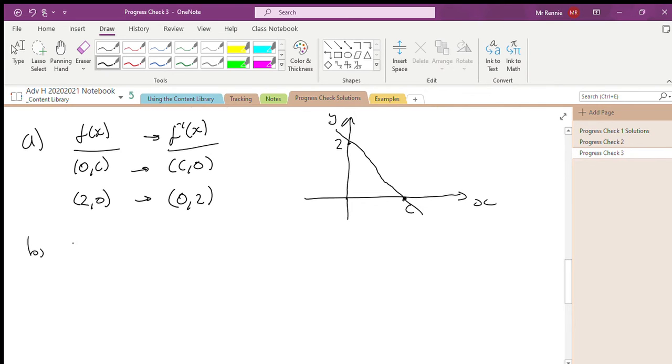So I now think back to my f of x function. My f of x function means that I want to shift it so that it becomes an odd function. Just to remind myself, f of x looked like that there. c was up there and 2 was there.